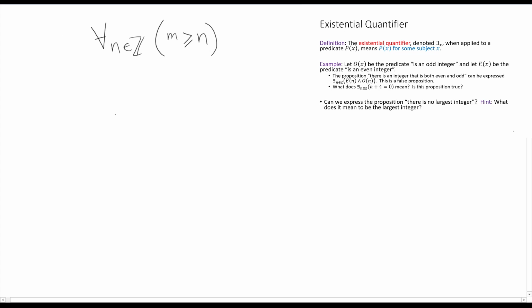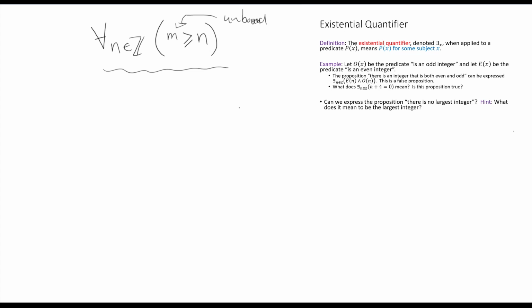Now, the problem with this sentence that I've got written right here is that m is unbound. It's a variable that's unbound, and when you have an unbound variable in a sentence, then your sentence is not a proposition. It doesn't have a meaning, or it might have a meaning, but it doesn't have a truth value yet.